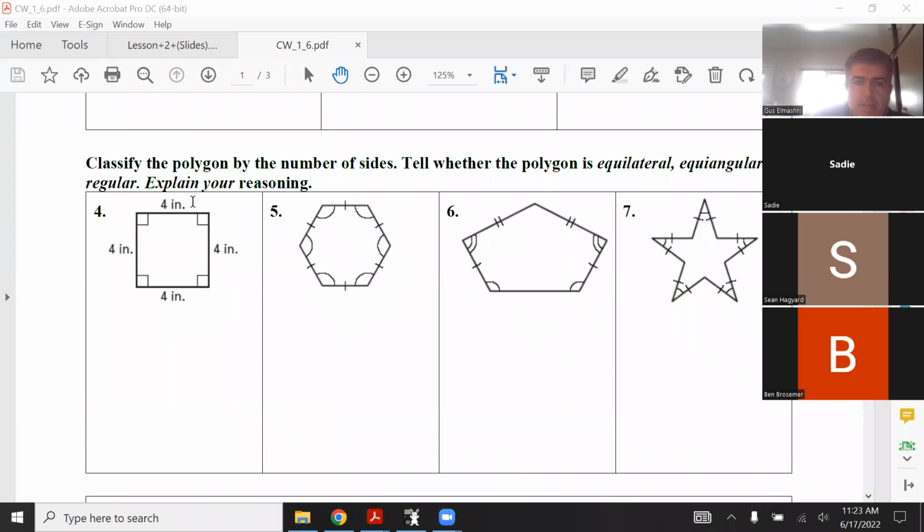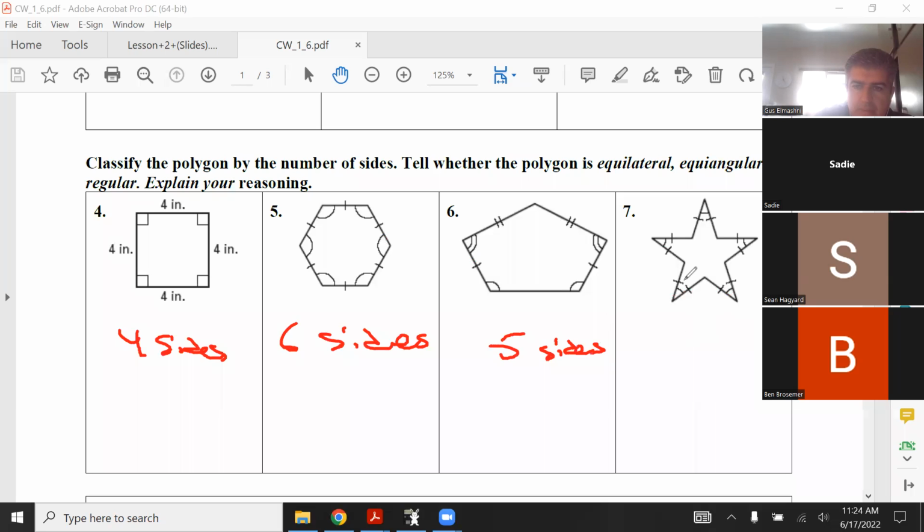Then here, classify by the number of sides and tell whether it's equilateral, equiangular, or regular. So how many sides do we have for number 4? We have 4 sides. Here we got 6 sides. Here we got 5 sides.